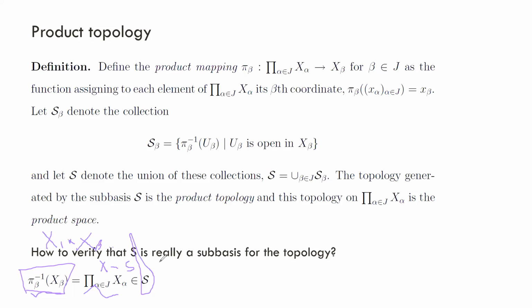And now you show that there actually exists one thing in this collection such that it's the whole thing. Then of course the union of this collection of subsets can be seen as everything, right?